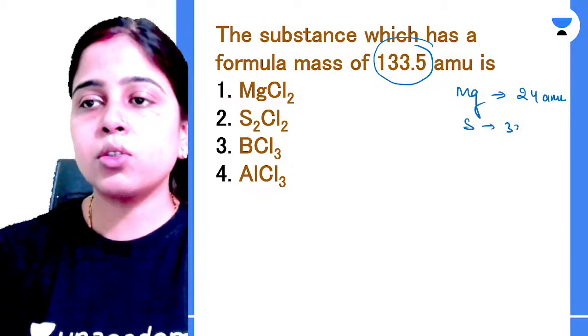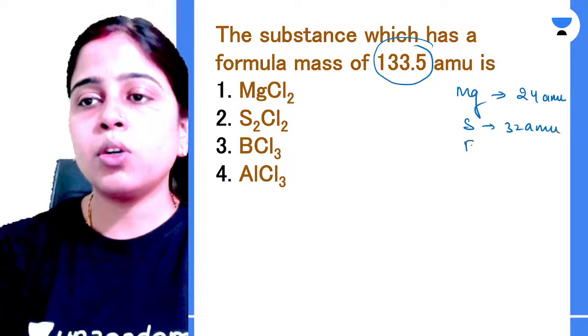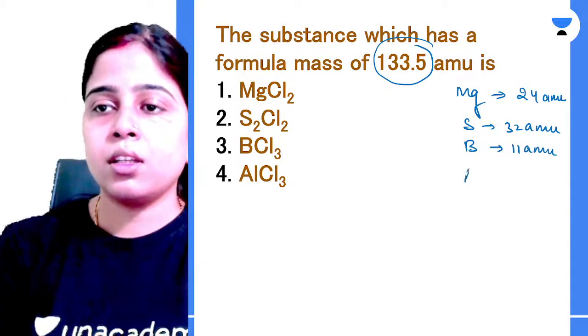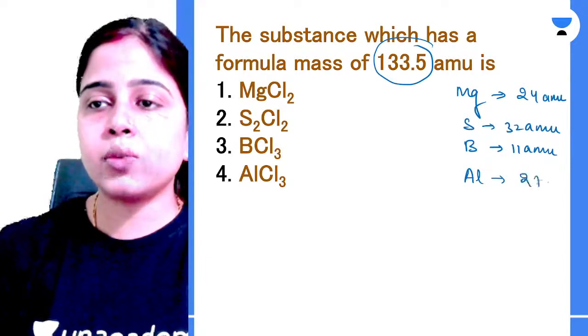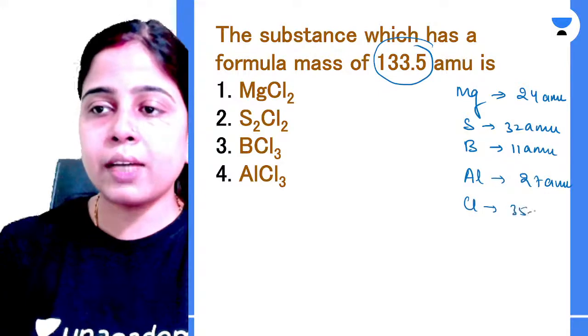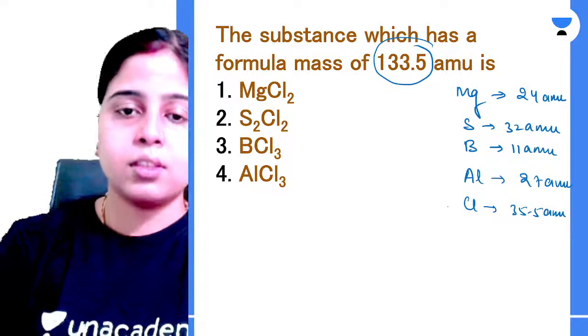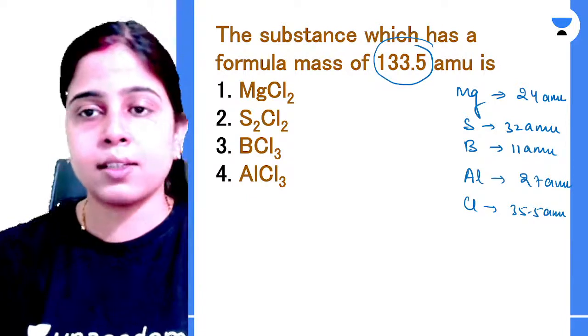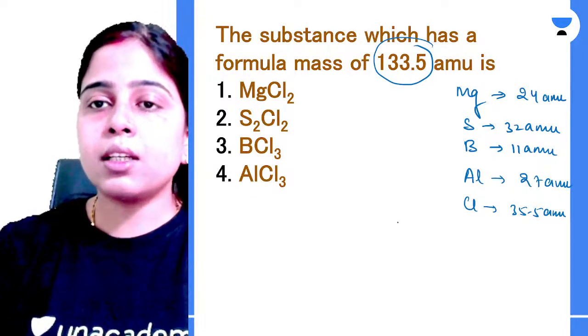Sulfur, it's 32 AMU. Boron, it's 11 AMU. And aluminium, it's 27 AMU. Chlorine, it's 35.5 AMU. So all of you please try and solve this one. Which one is the correct answer? Let me solve it fast.